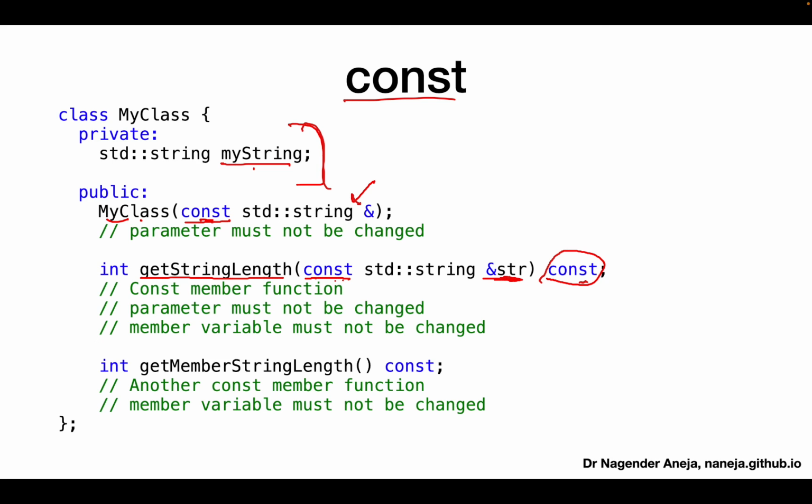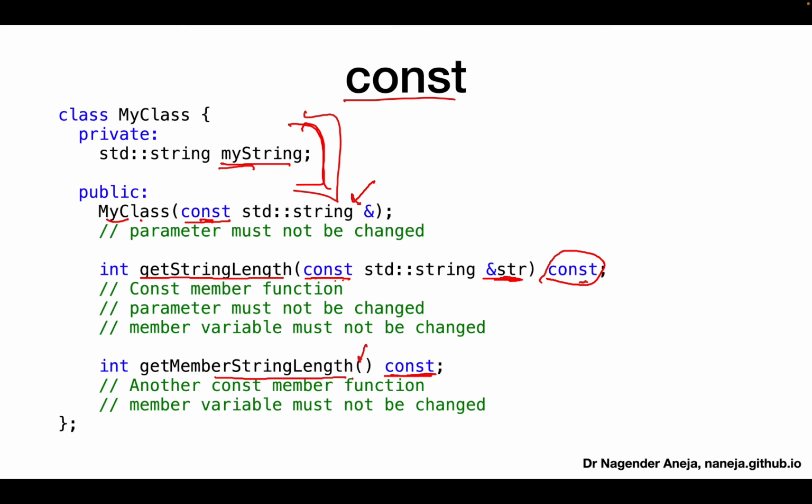And then we have get member string length, and it doesn't receive anything. Its role is to return this. So we are declaring this as a constant also, meaning none of the members can be changed. You are an accessor only, not a mutator. You need to access the value and return it, do the operations, not manipulate it.